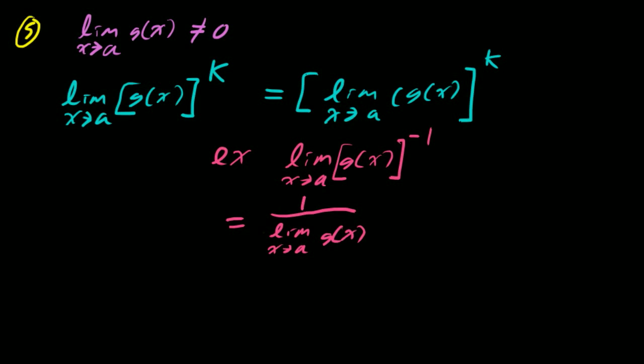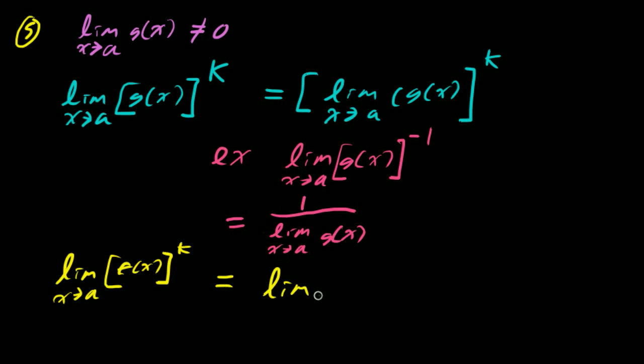However, and you might also realize this, if we took the limit of some other function f of x as x approaches a, and we were to raise that to the k power, the limit as x approaches a of just f of x could be equal to anything, including 0, and we can move this limit past.